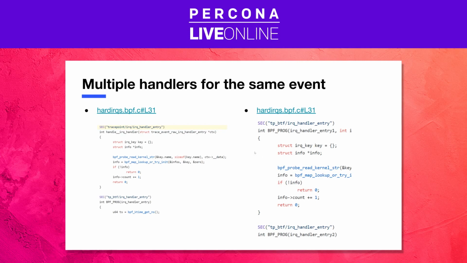For details, see the libbpf support for BPF CO-RE. Now you can naturally define multiple handlers for an event like shown on the right. Before that, you needed to define two different event types for the same event.